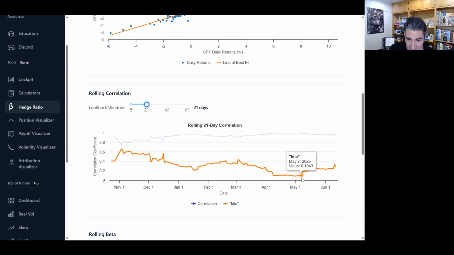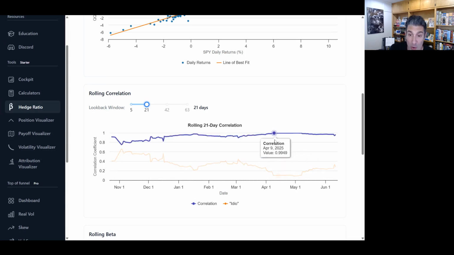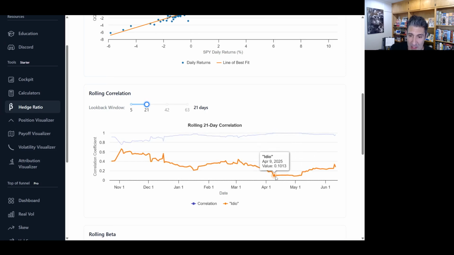When correlations rocketed higher in April, your risk remaining on being long SPY, short Qs was very small. You only had 10% error in the hedge. They were pretty much offsetting each other, because all the correlations basically tended towards one during that Liberation Day crisis.